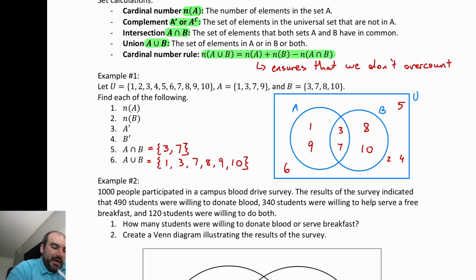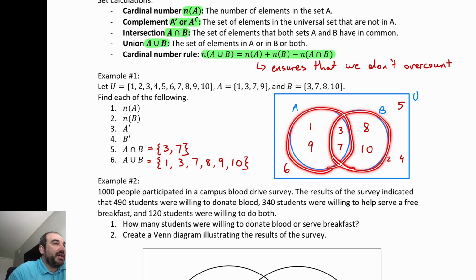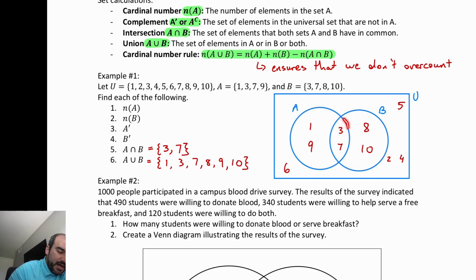And what I mean by that is if I wanted to find how many elements are in A union B, for example, you might think, oh, let's just take the number of elements in A and the number of elements in B and add them together. Because remember, we're just merging them together, right? So if I took all of A and all of B and added their number of elements together, there's 4 elements in here and 4 elements in here. So if I add those together, I get 8, right? So it seems like the merger should have 8 elements.